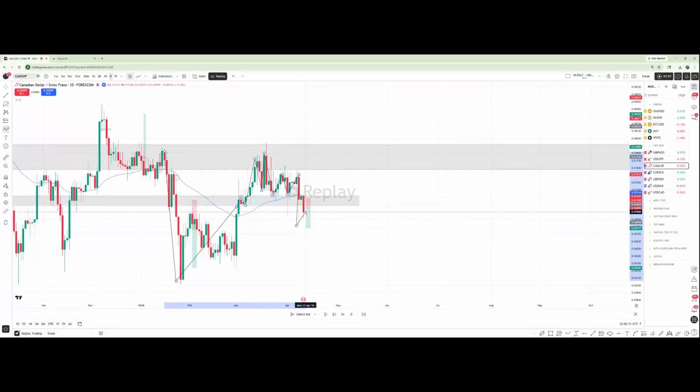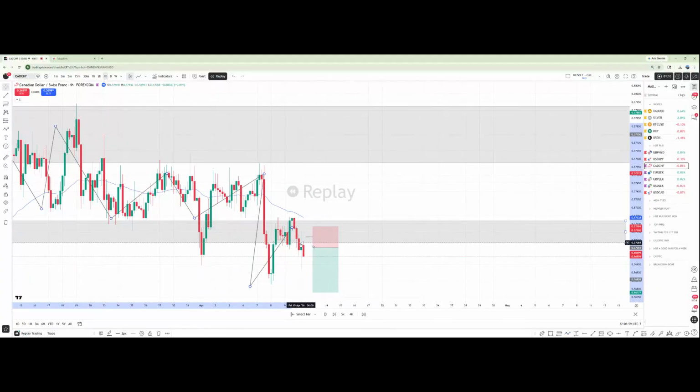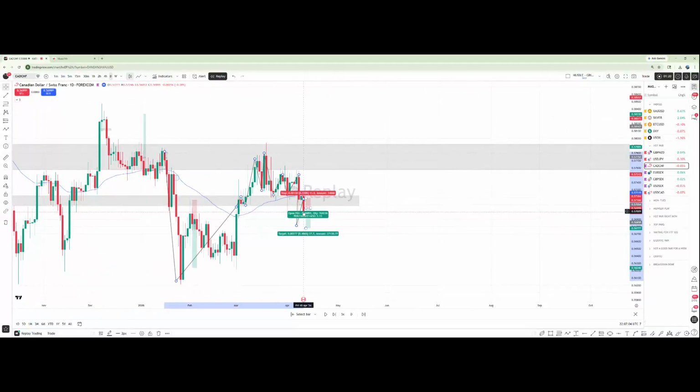And then this is what we saw on the, let me see, 4 hour. Yeah, this is what we saw on Sunday. So this daily candlestick, once again, what I am anticipating is the 4 hour having a shift of structure already.